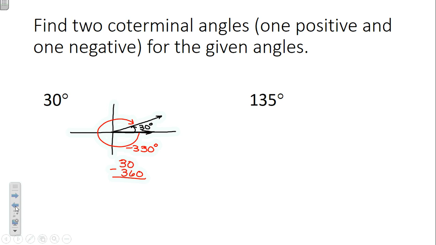So what would we have to do? Add 360. If I went 30 plus another 360 more, I'll end up in the same place, coterminal with it. So 30 plus 360 gets us 390. All 3 are coterminal angles.